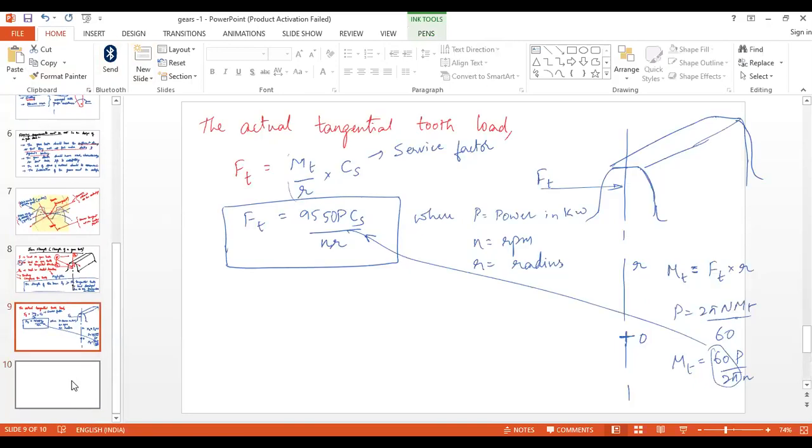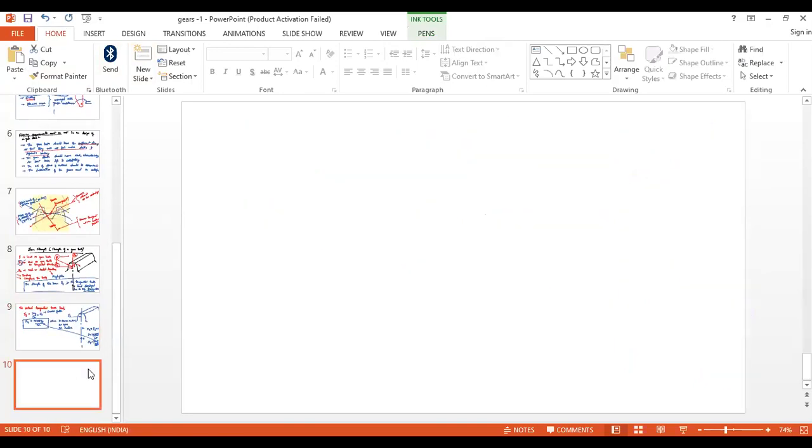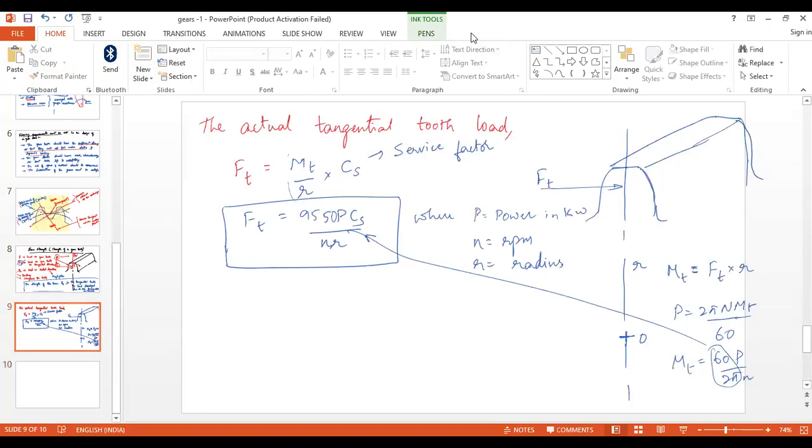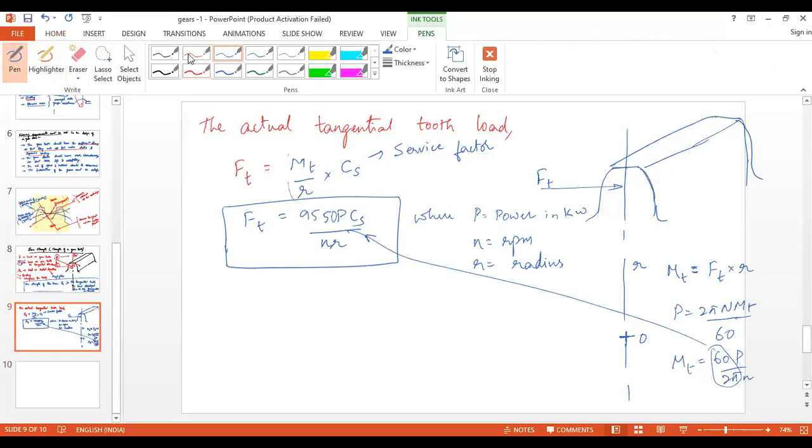So now we need to study the strength of the gear tooth, so that we can check whether the gear tooth has sufficient strength to sustain this load, the actual tangential tooth load.